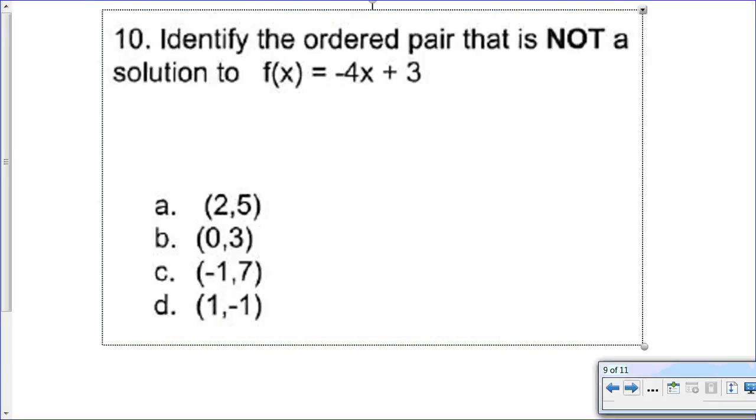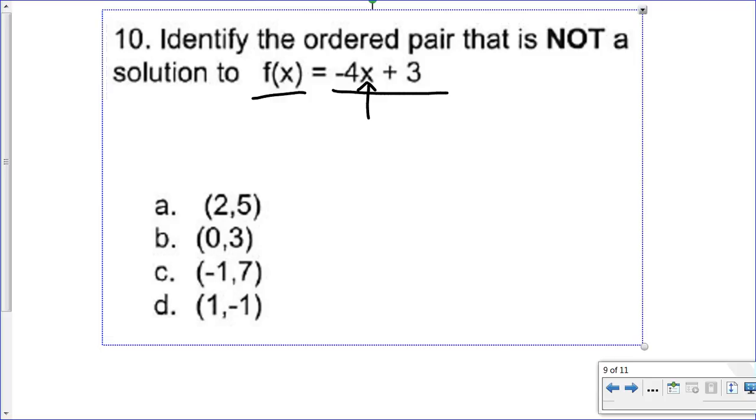Okay, identify the ordered pair that is not a solution to f of x. That's how we refer to that, but it's basically just our output. And then this is our expression that determines our output, from putting in inputs or substituting in different values for x.